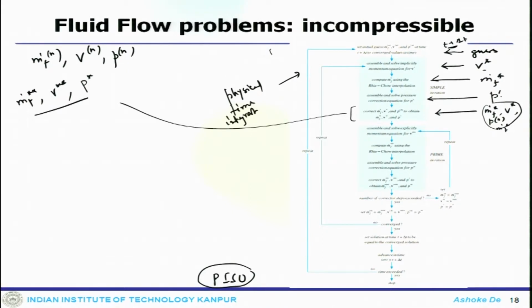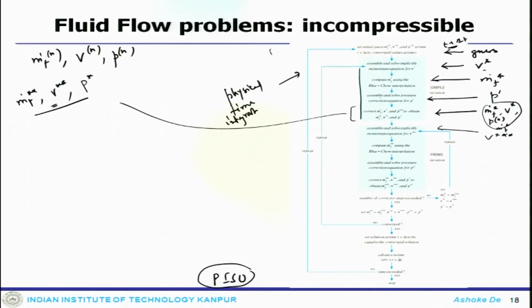Now, this portion of the algorithm is exactly what we do in the SIMPLE algorithm. Now, here we again assemble everything and explicitly solve for the momentum, and here you solve for v triple star, because it is already the second level of correction. So, what happens is that it goes in multi-level iteration.